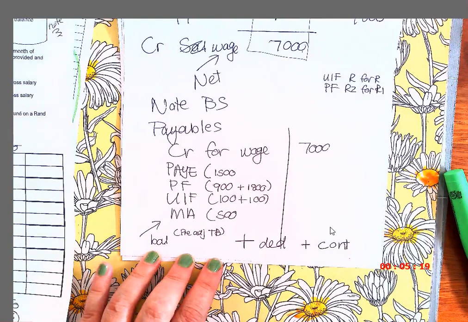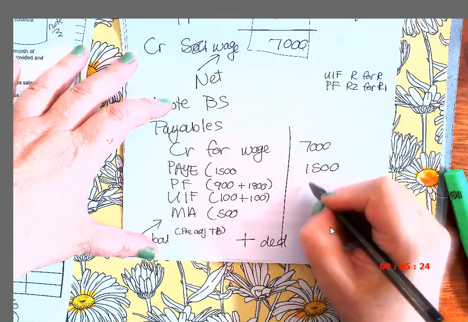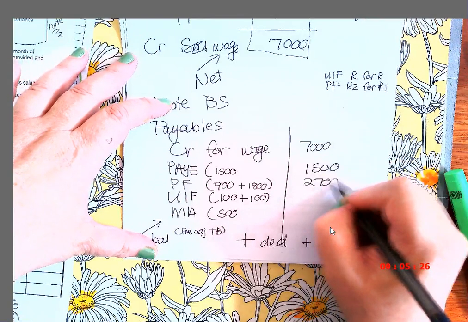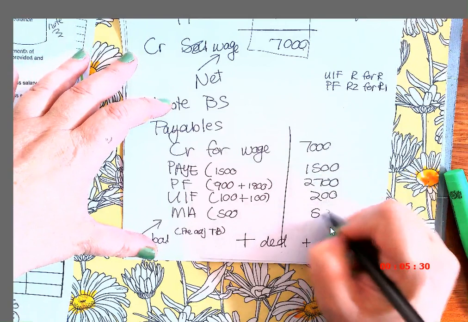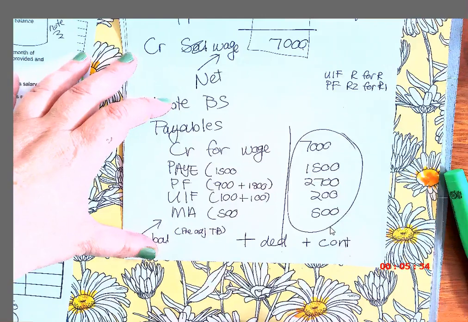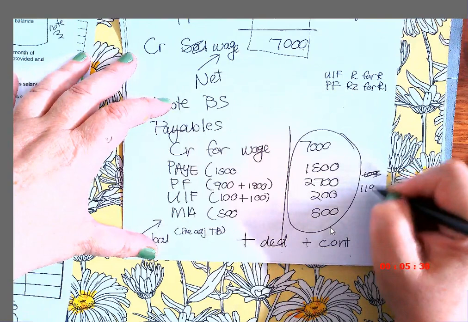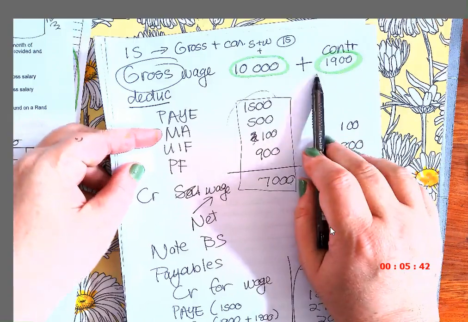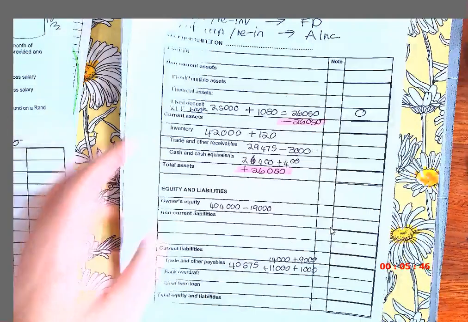Right. So let's see. PAYE stays 1,005. Pension is now 2,700. Ne? UIF, medical aid. And if you add all of this together, it's going to give you 11,900. The same as the expense here. You guys get it?